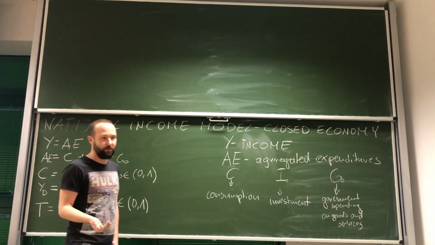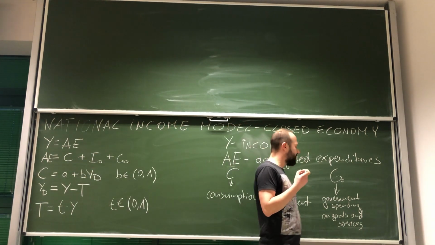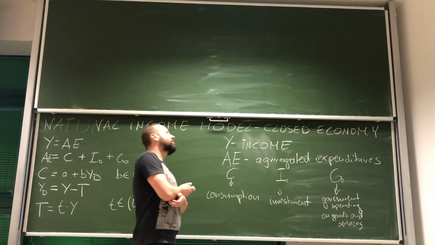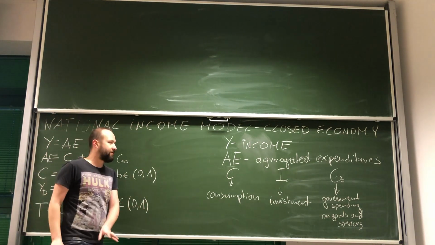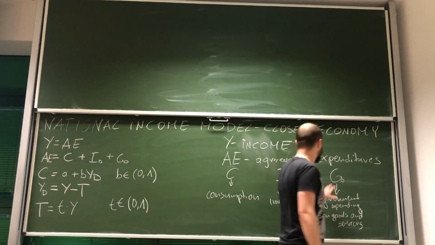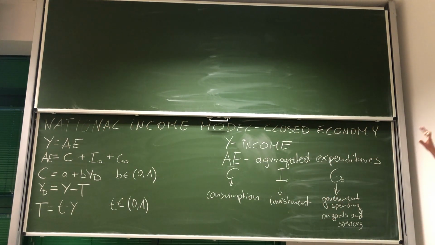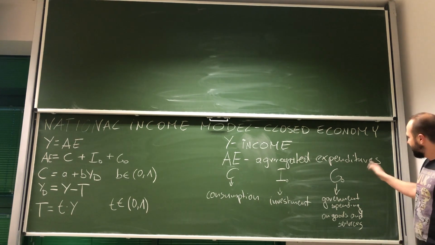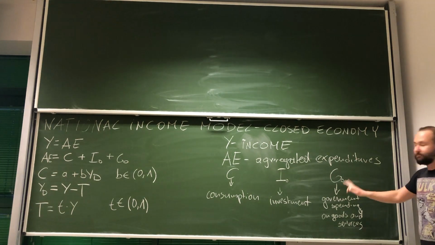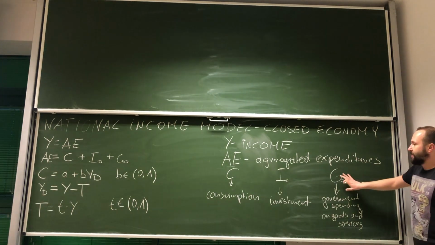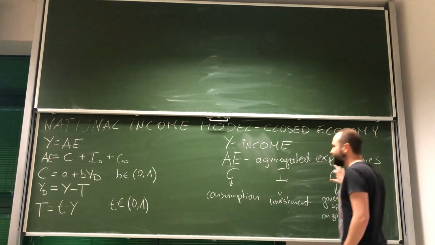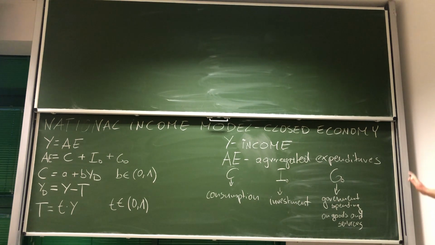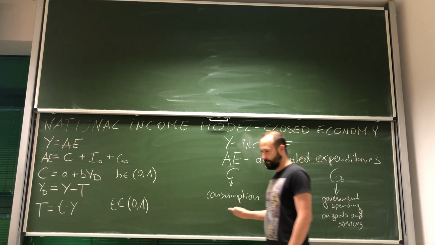Again, whether it is 100% true in reality is inconsequential here, in a sense that for now we want to focus on different things. So we're not going to be dwelling on how government makes the decision on how much to purchase. For now, we're just assuming that government decided, you know, we're going to purchase this much. This is it. Okay, so these are the three components of the aggregated expenditures that we've got.